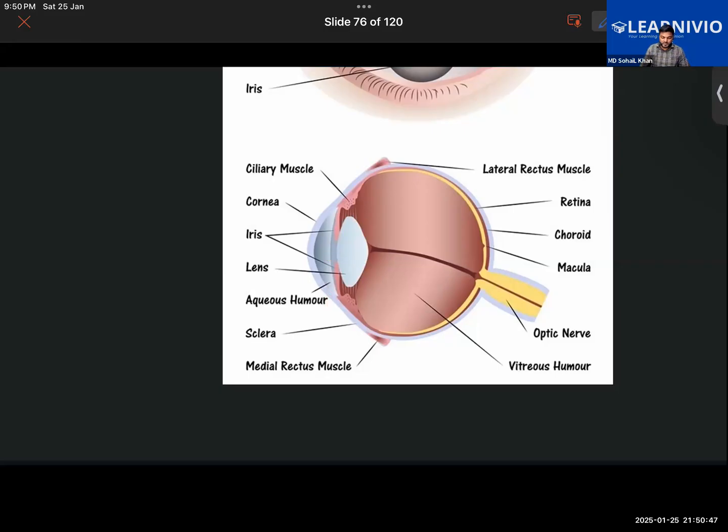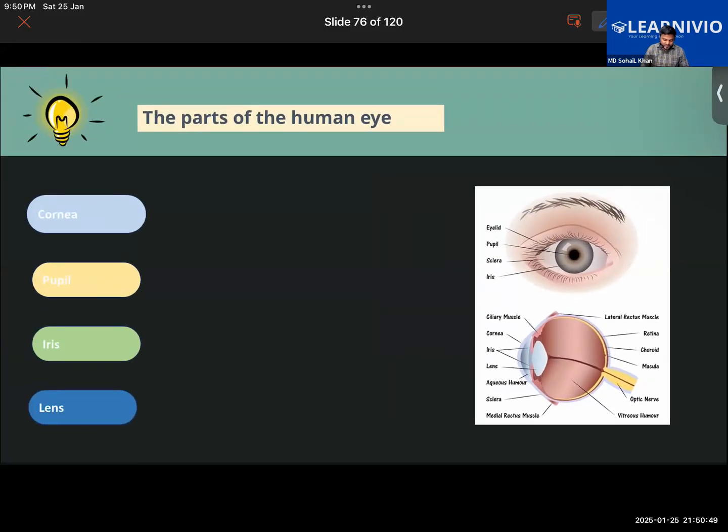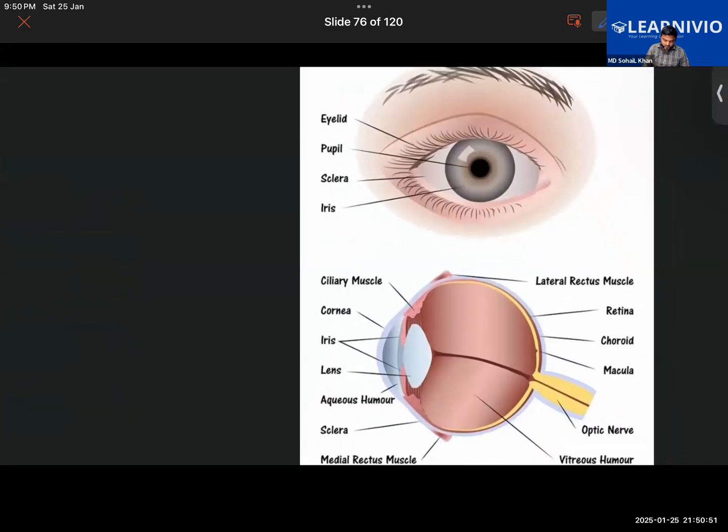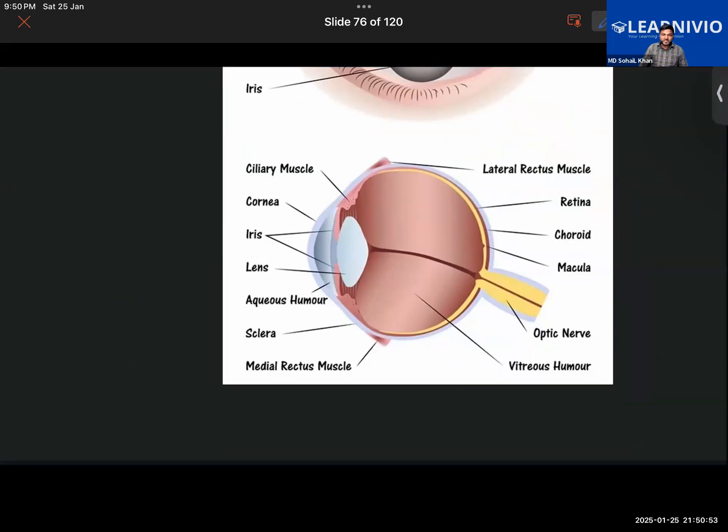That is one thing. After this, you have the lens. So what is the shape of the eye lens? Is the eye lens of the human eye concave or convex?